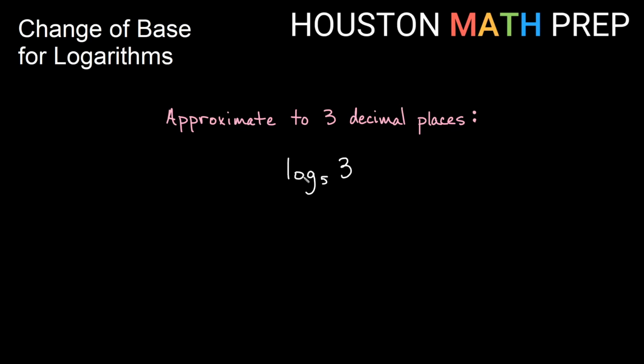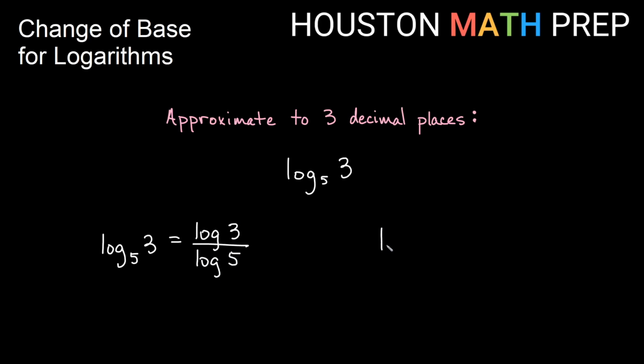Looking at another one, log base 5 of 3. Again, 3 is not a nice round power of 5 that we know, so I want to change it into something that's not base 5, since maybe I don't have a base 5 log button on my calculator. So we'll say log base 5 of 3 is the same as changing to base 10, log of 3 over log of 5.